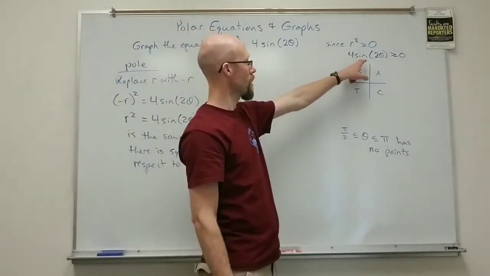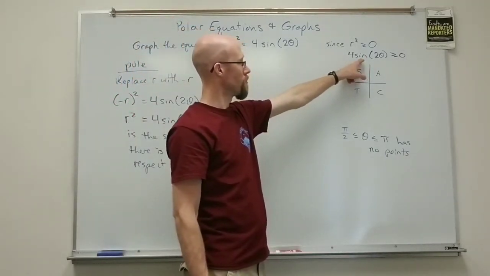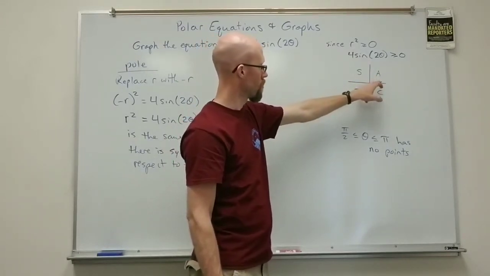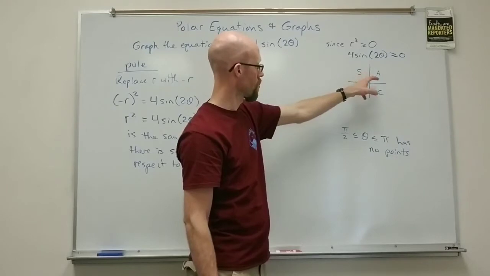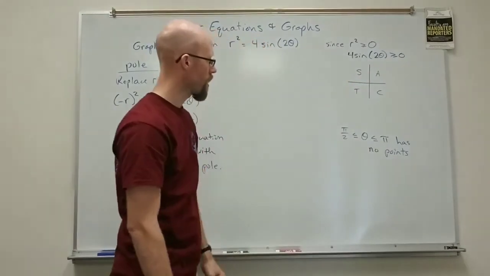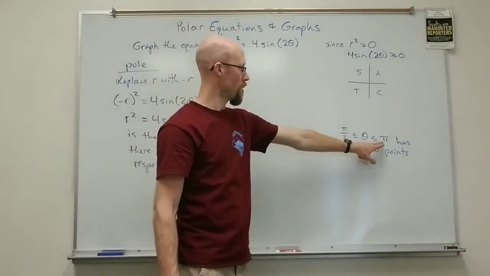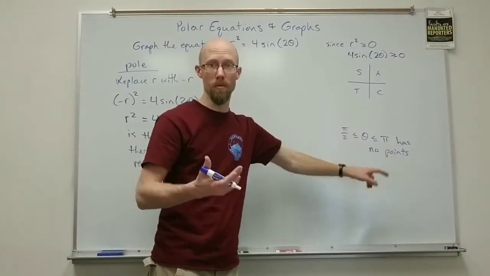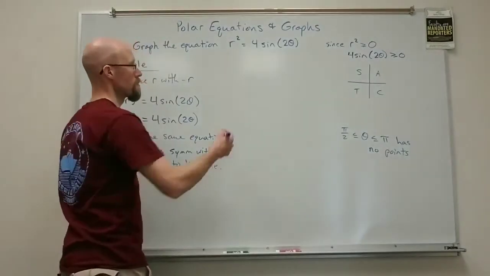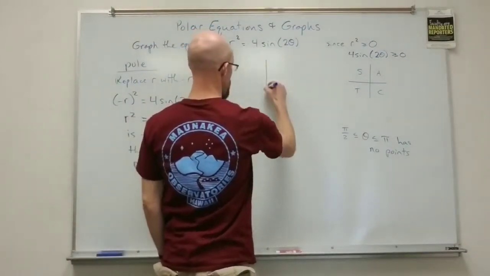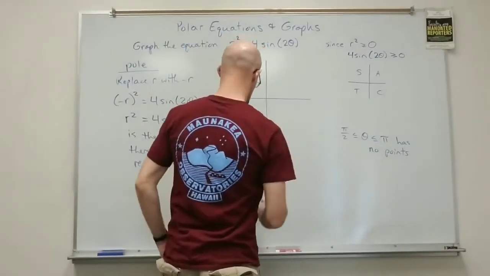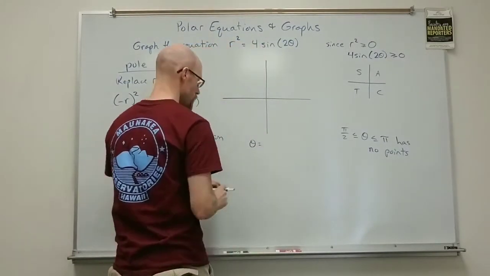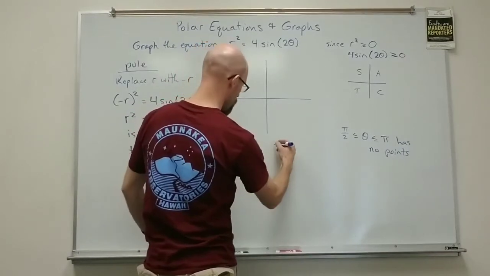Okay, so because the sine is positive from, let's see, angles, well, I guess just based upon that, I know I don't have any points from pi over 2 to pi, so maybe I just start plotting out points from 0 to pi over 2, give me first quadrant angles, and see if that gives me enough to know what the graph looks like. So let's do a table, theta r table.